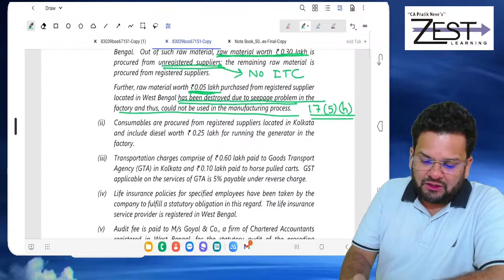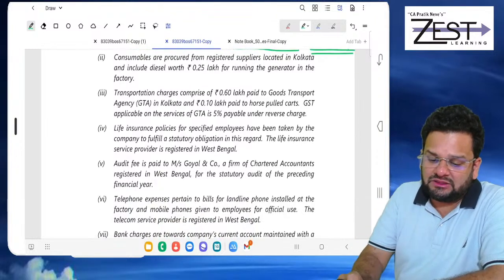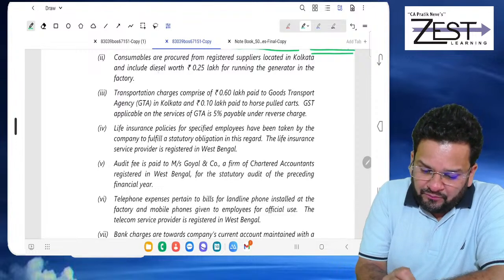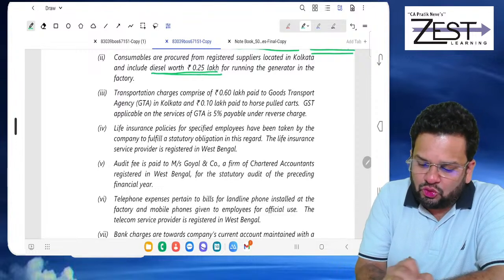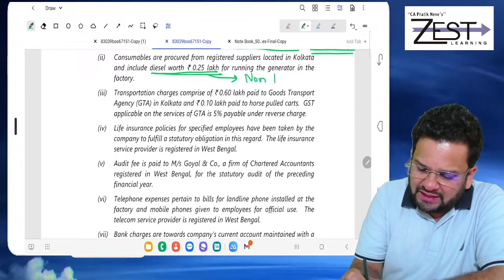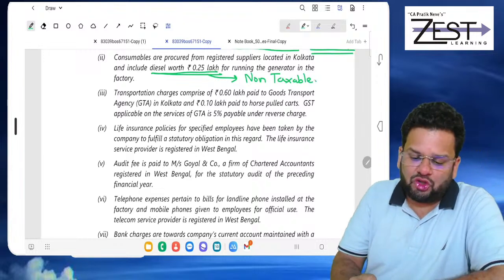Yes. Consumables are procured from registered suppliers located in Kolkata and include diesel. So friends, on diesel there is no GST. So diesel is non-taxable. Yes, diesel is non-taxable.